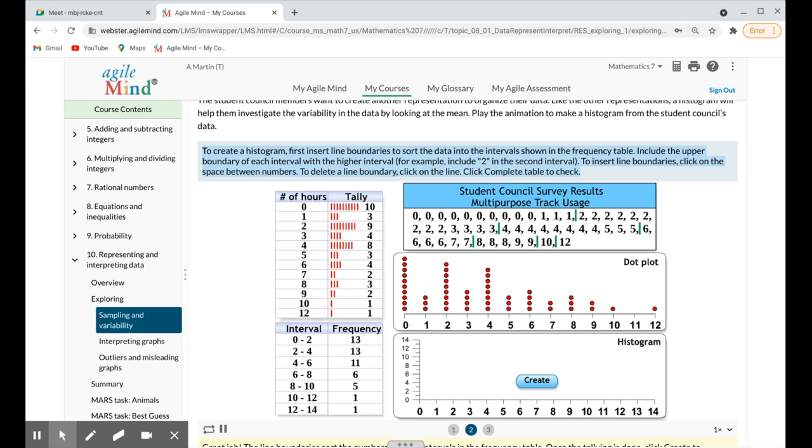All right. So what we're going to do is take our information from this interval and frequency table, which is right here, and we are going to draw our own histogram. So I need you to label your histogram on that page just like this, and then just like this.